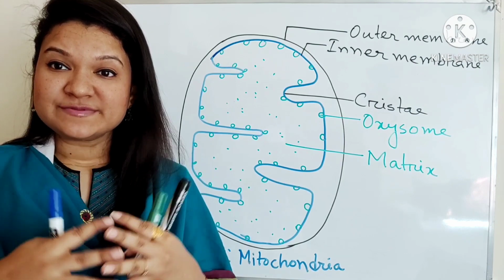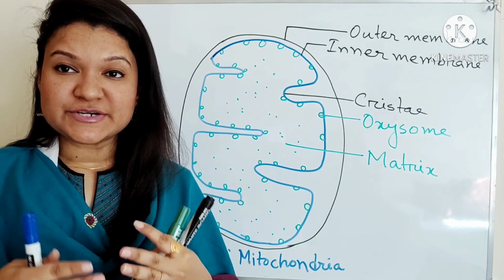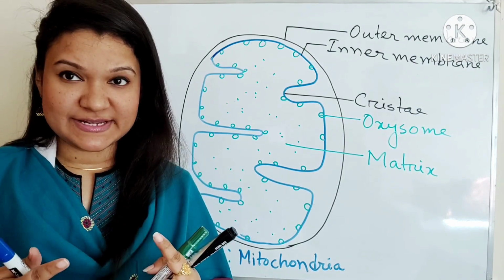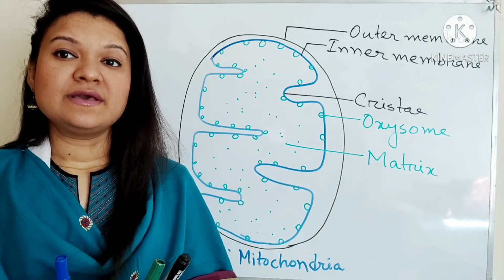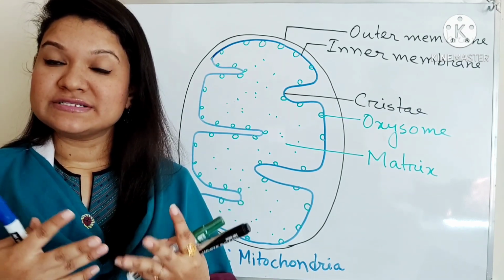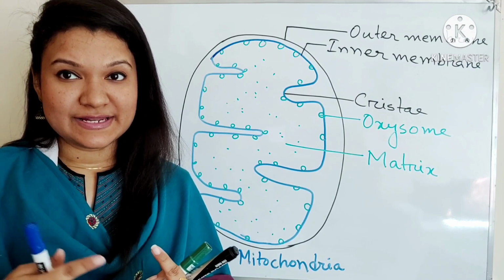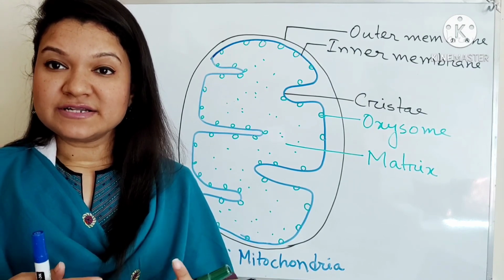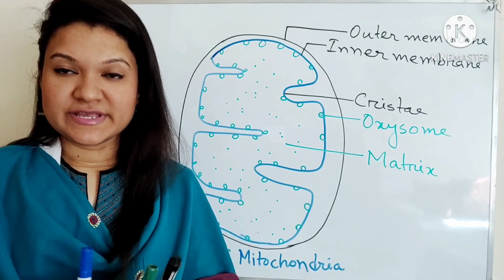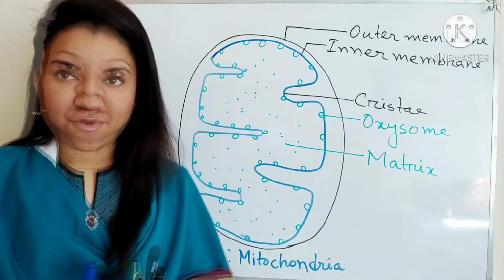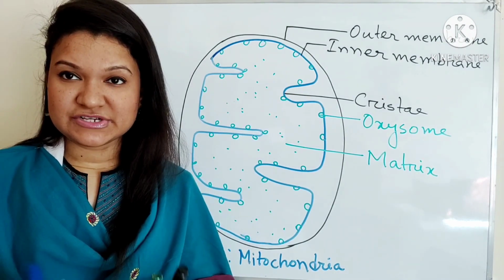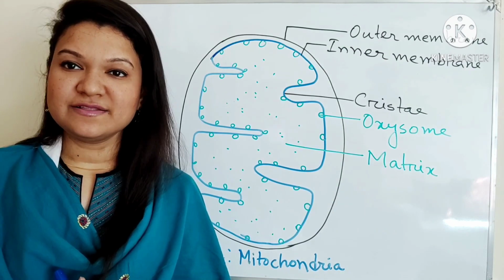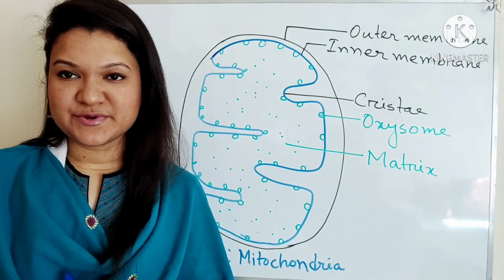Most of the energy is produced in the Krebs cycle. That's why mitochondria is called the powerhouse of the cell. I hope you can understand the structure of mitochondria and the function of mitochondria.